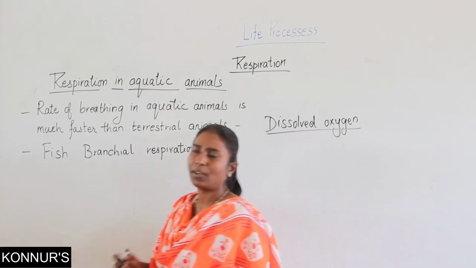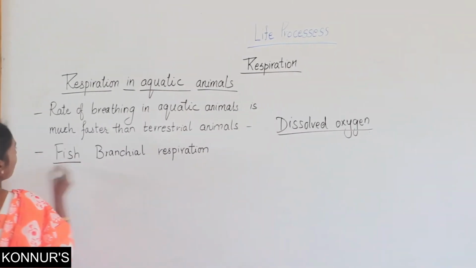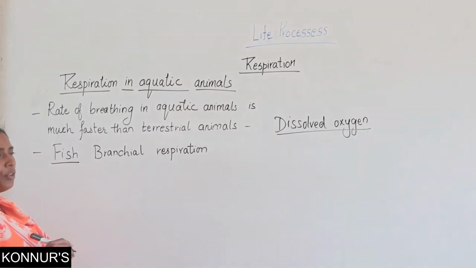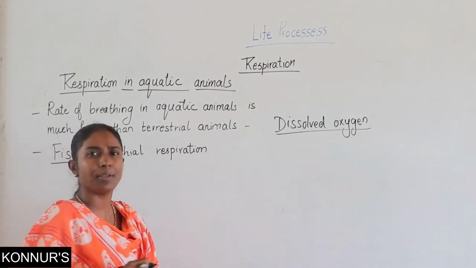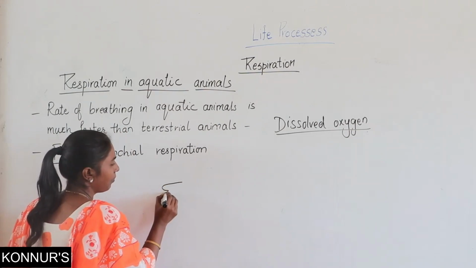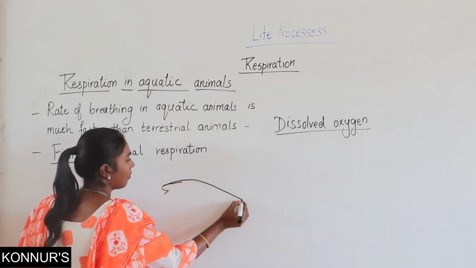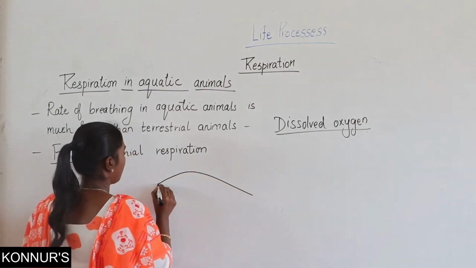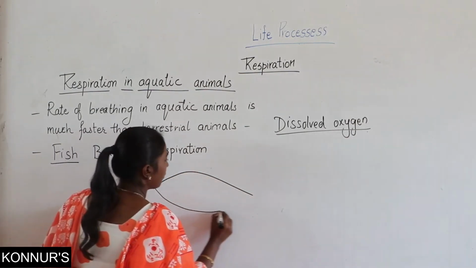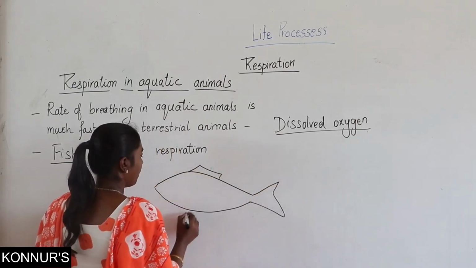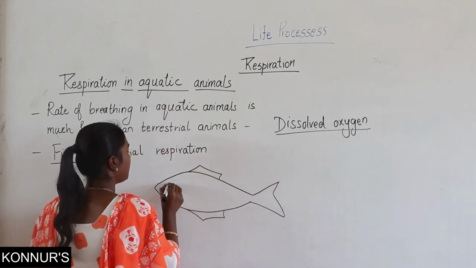The best example that we can take is fish, which carries out branchial respiration. You might have seen the fishes in the aquarium, children. Let's draw a rough diagram of that, not in much detail.